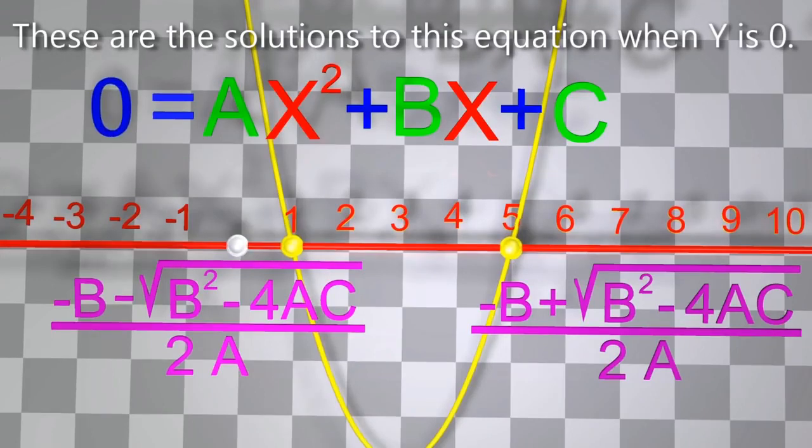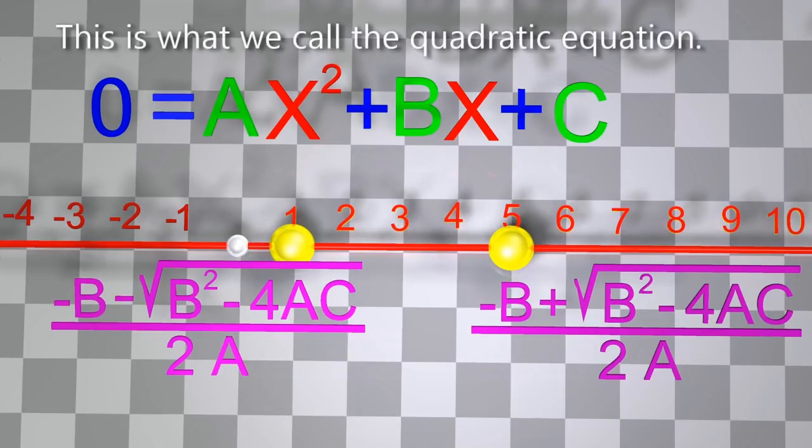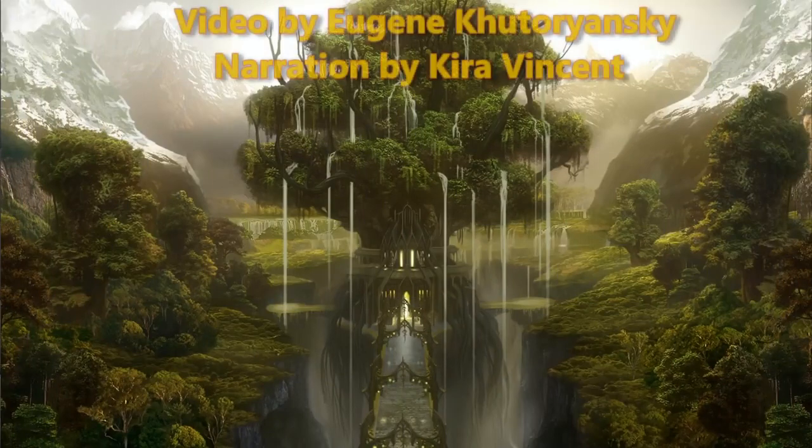These are the solutions to this equation when y is 0. This is what we call the quadratic equation. We now know how to solve most of the algebra problems we will encounter in life.